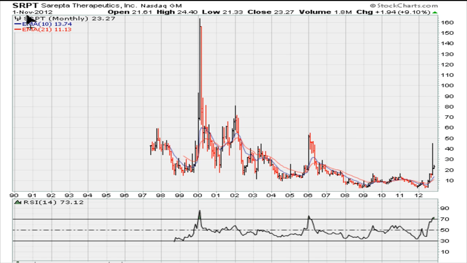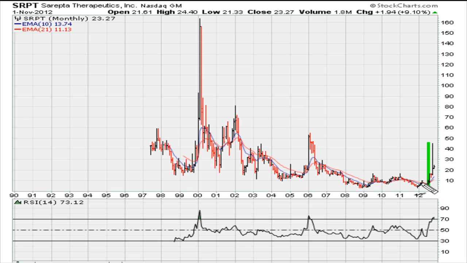So we're taking a look at SRPT, pharmaceutical name, biotech. Right off the bat, I want to discuss this move here. Now this move might seem trivial here, but this is an absolutely powerful move. This move took the stock from a price of about $7 if we use the breakout, breaking out of a range.